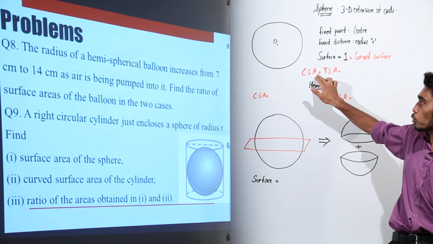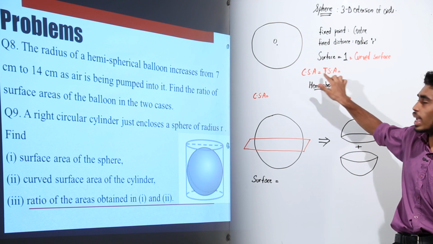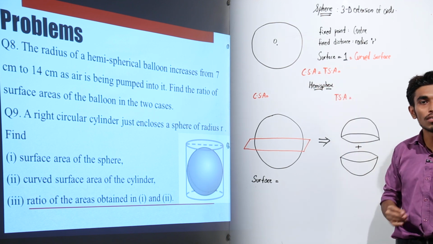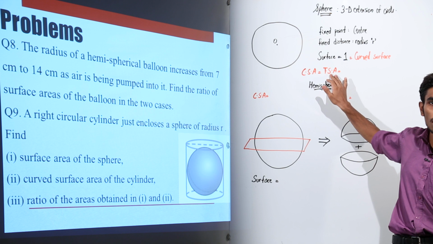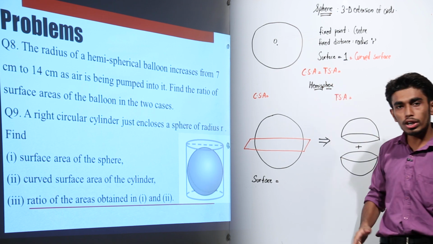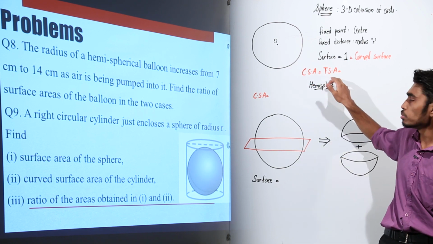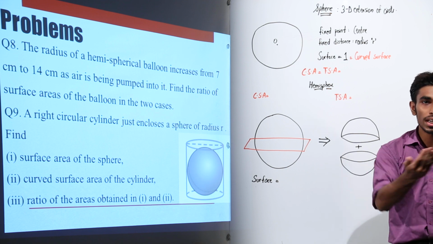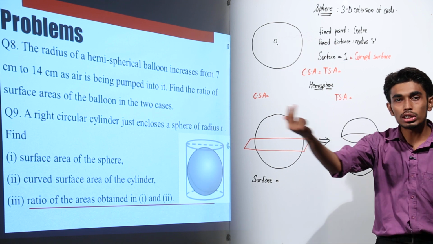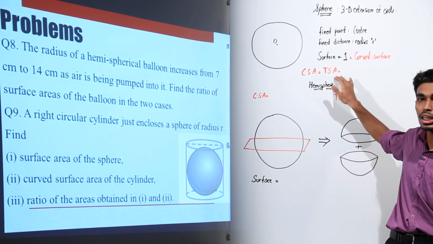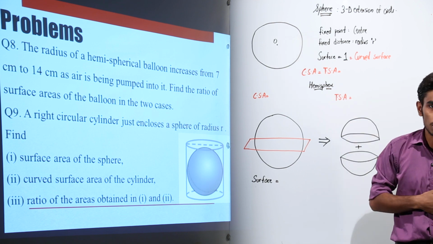Now we discussed two terms, that is CSA and TSA. CSA stands for curved surface area and TSA stands for total surface area. Now for different figures, these two terms were different. The curved surface area included the walls for a cuboid, and the total surface area included the top and the bottom as well, right?